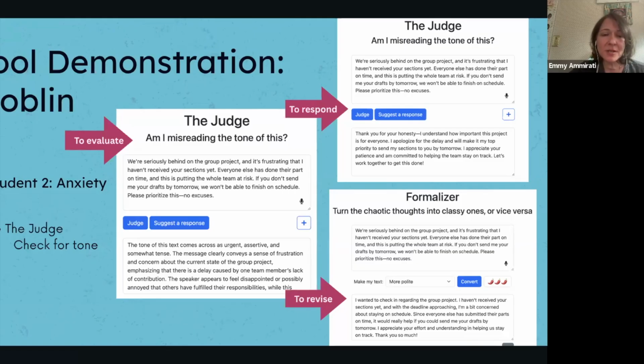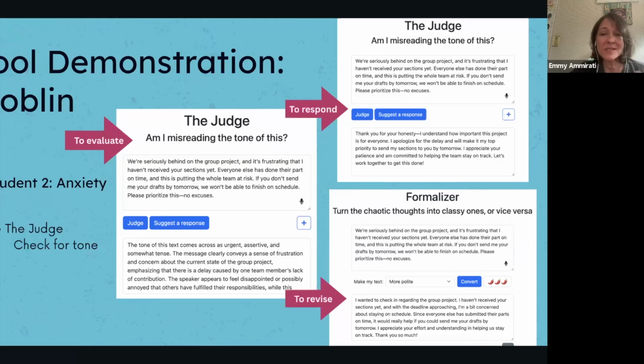The judge assists by checking for tone. So you paste the text in and you click the judge button, and it will judge whether the message sounds polite, assertive, frustrated, unclear, etc. And if you click the suggest a response button, it can also suggest models of appropriate language to respond to a communication.